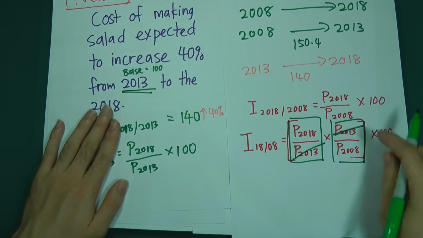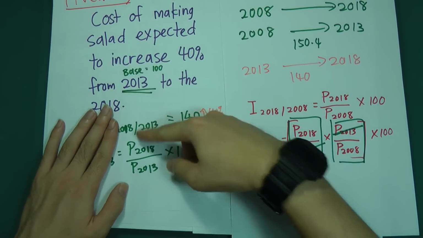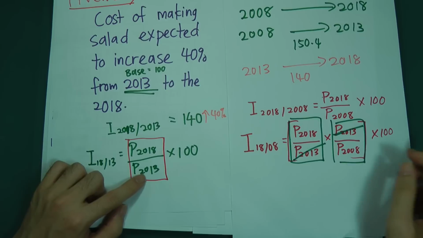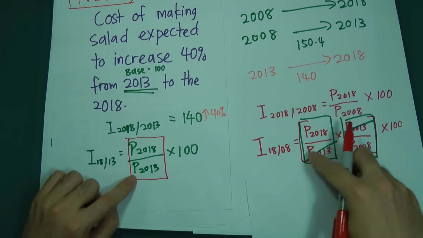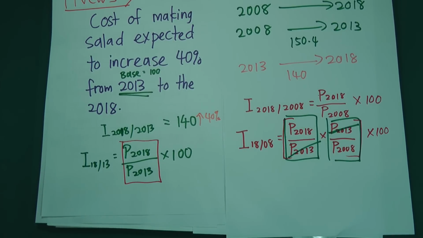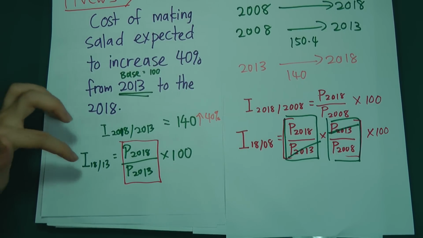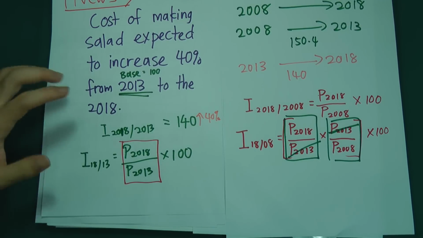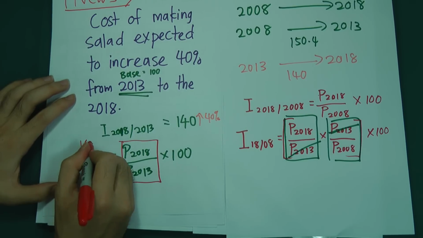Do you see this one? Actually this one, price for 2018 divided by price for 2013, is exactly the same with this one. But then you need some value. So what we know is the index number for 2018 based on 2013 is 140.